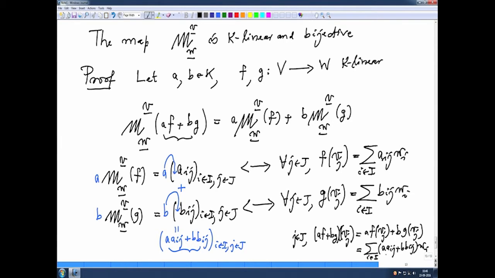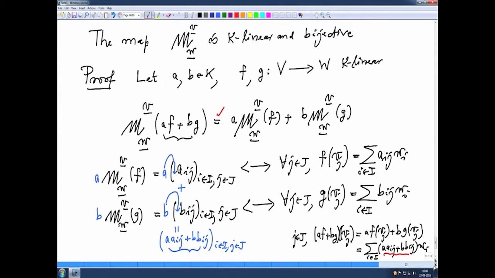So, the ijth entry is this. Therefore, the left side matrix has ijth entry this, and the right side ijth entry is this, which are equal. Therefore, the two matrices are equal. So, that proves that it is K-linear.